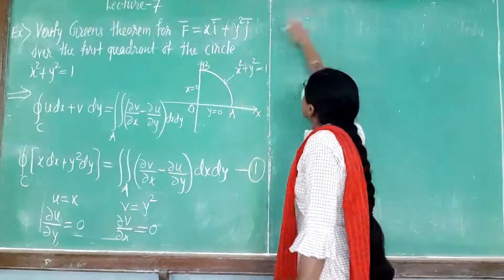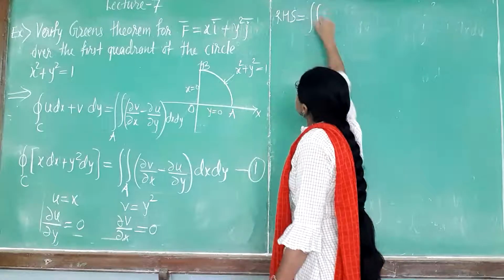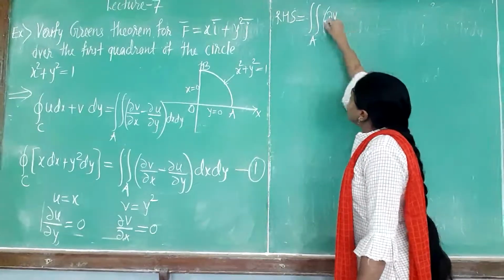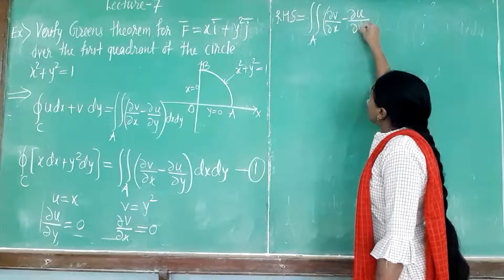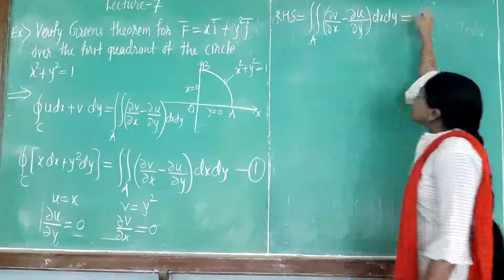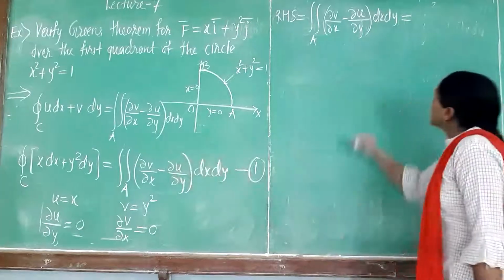We consider the RHS first. RHS is the double integral over A of del v by del x minus del u by del y dx dy. What is del v by del x? 0. Del u by del y? 0.